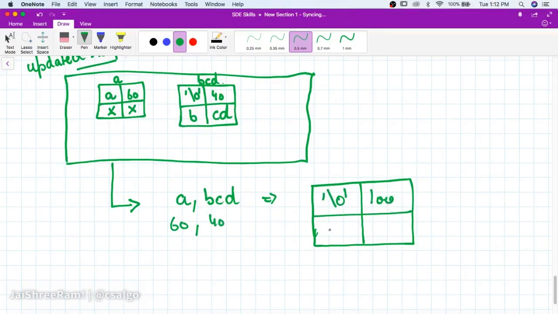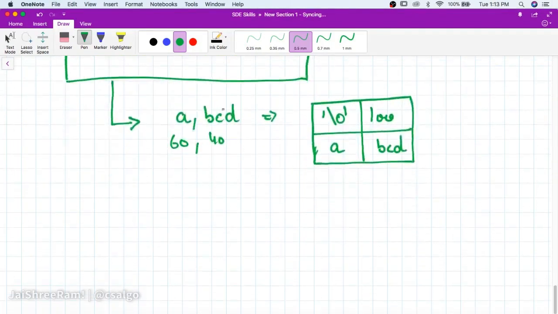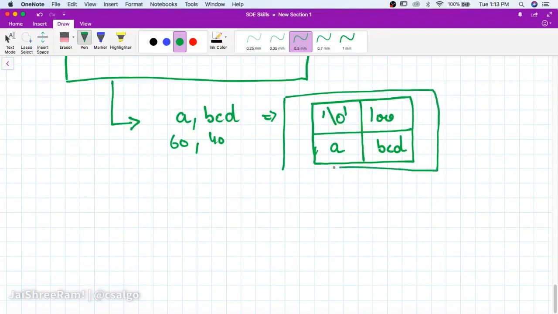On its left I will have node A, and on its right I will have node BCD. This will be inserted into the heap, so my updated heap will now have just one node, and its size is 1.